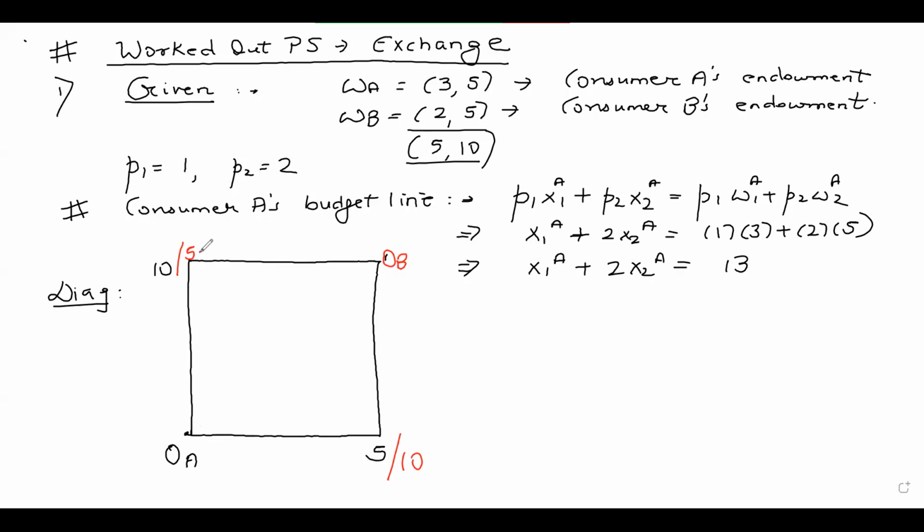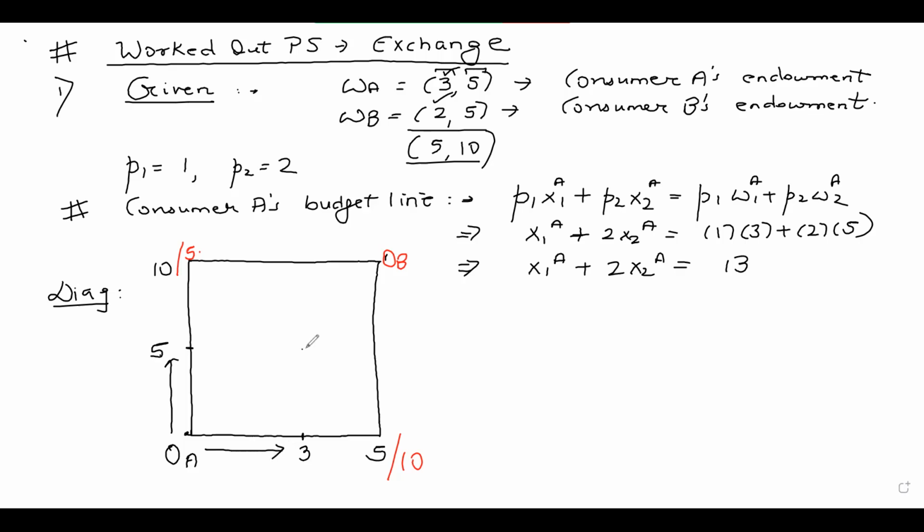From A's origin, I have to plot 3 on the x-axis and 5 on the vertical axis. 3 will be somewhere here and 5 is exactly the midpoint.